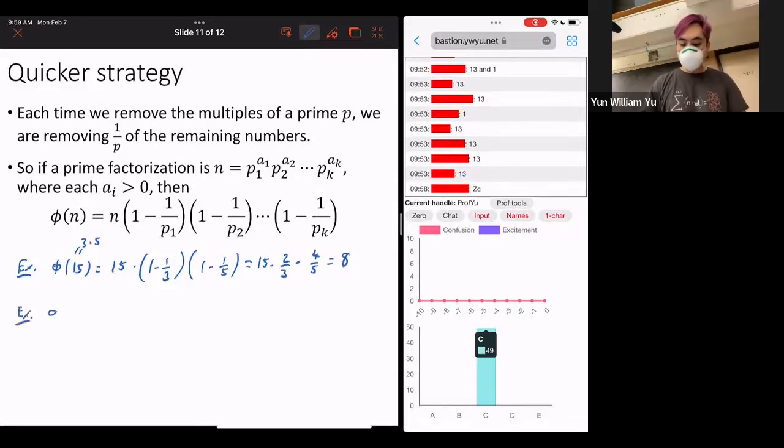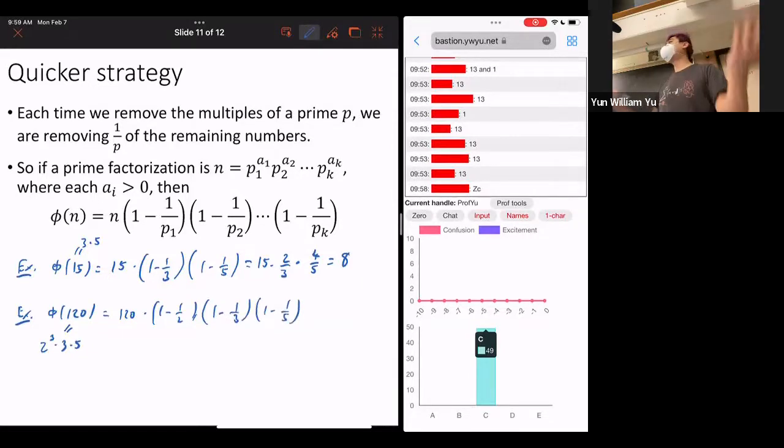Another example, phi of 120. It turns out this is equal to 2 cubed times 3 times 5. So this is equal to 120 times 1 minus 1/2 times 1 minus 1/3 times 1 minus 1/5, because each time you're removing that prime's fraction of the things. Another way of rewriting this is in this multiplicative way.